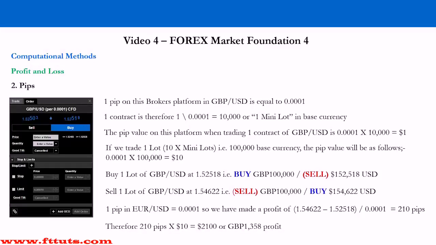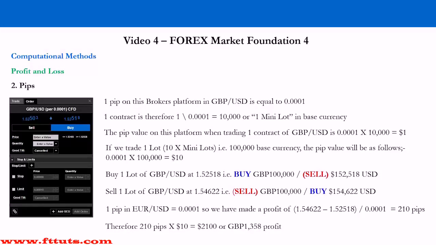So we've made a profit of the difference divided by spot 0001, which is 210 pips. And then we multiply that by our pip value in quote currency. That gives us a profit of $2,100.